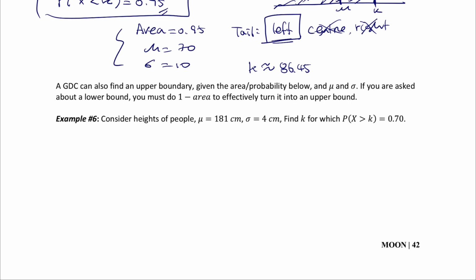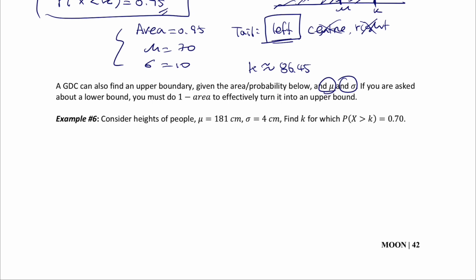However, a GDC can also find the upper boundary given the area or probability, along with the mean and standard deviation. So if you are asked about a lower bound, you always must do 1 minus area to effectively turn it into the upper bound.